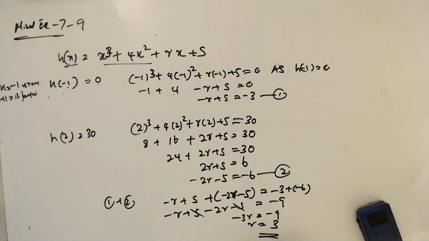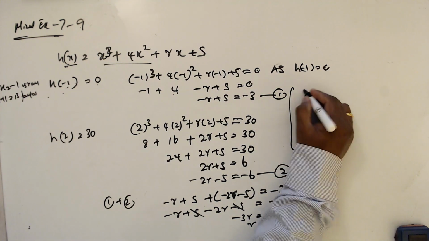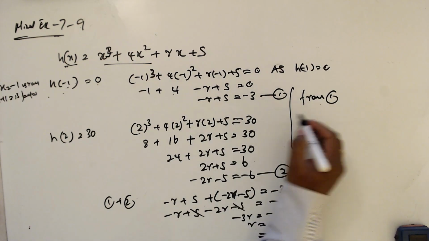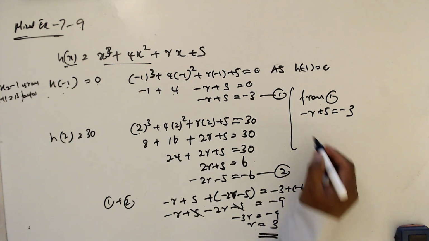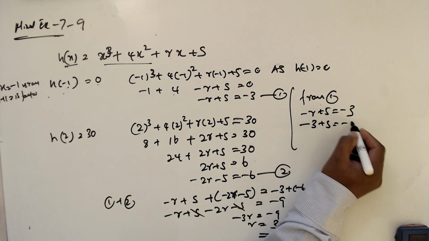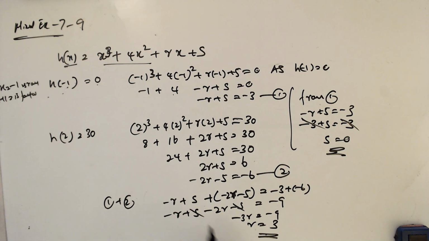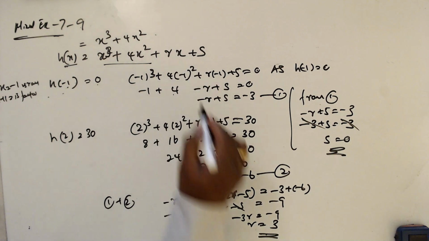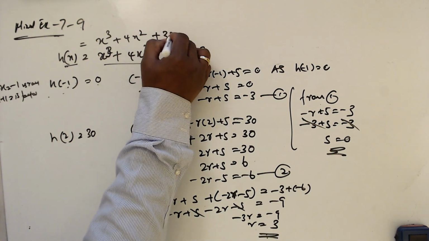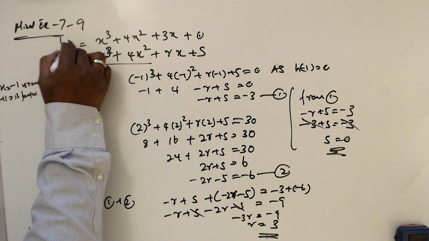Now r equals 3, s equals, then from 1, minus r plus s equals minus 3, r equals 3, so minus 3 plus s equals minus 3, minus 3 to cancel out, s equals 0. Now this is going to be x cubed plus 4x squared, the r value is 3, so 3x plus s equals 0. Now we found out what is h(x).